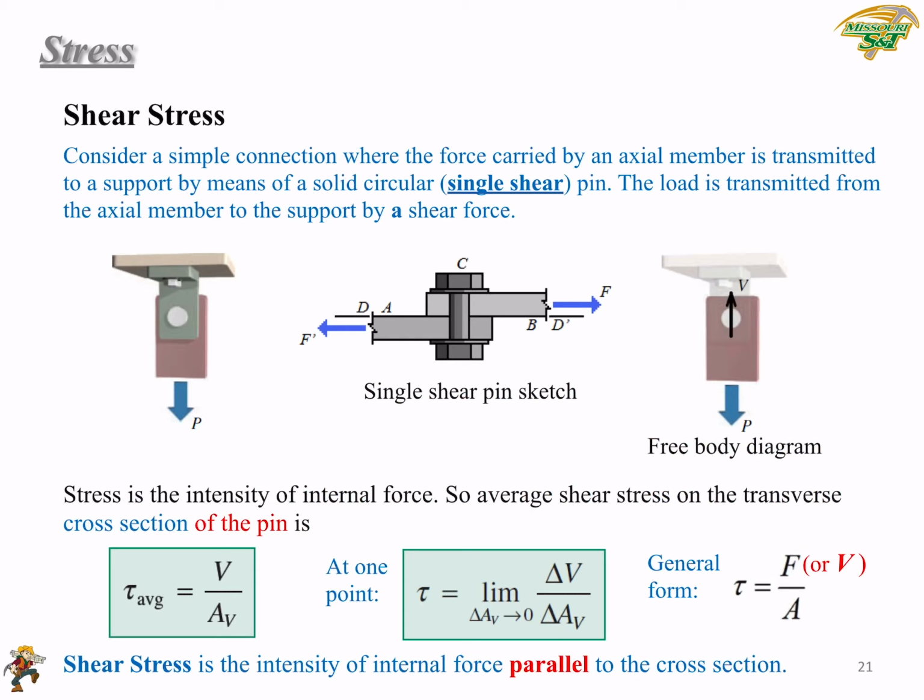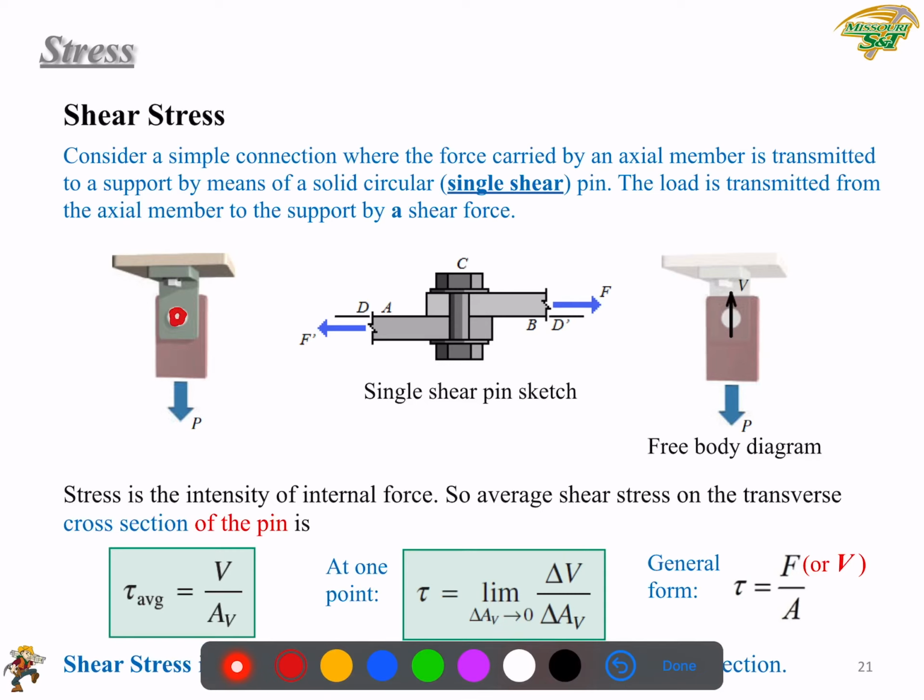Consider a simple connection where the force carried by an axial member is transmitted to a support by means of a solid circular pin. This is a single shear pin as shown in this example here. So this is the pin we're talking about.